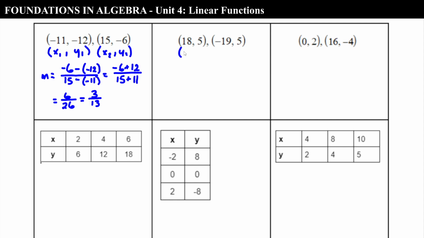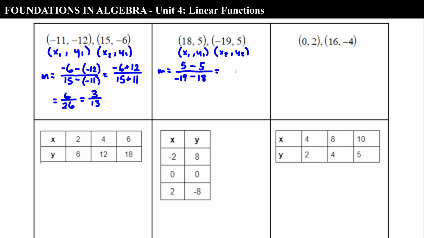All right, for the next one, we have x1, y1, x2, y2. So our slope here is going to be, put on our vertical bar, put in our minus signs. y2 is 5, y1 is 5, x2 is negative 19, x1 is 18.